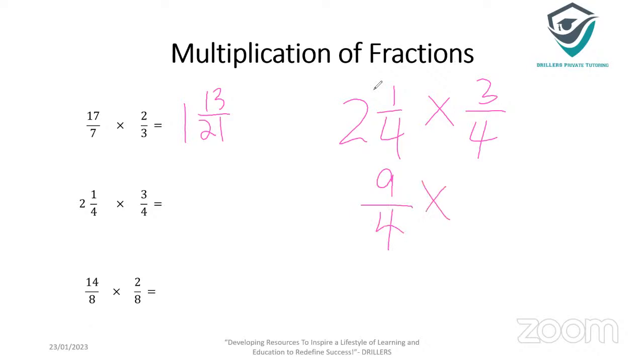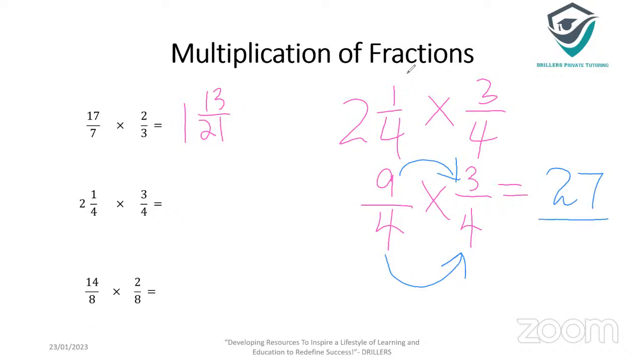We're multiplying that by 3/4. So we multiply top by top, or numerator by numerator, and bottom by bottom, or denominator by denominator. So 9 multiplied by 3 will give us 27. And then 4 multiplied by 4 will give us 16.